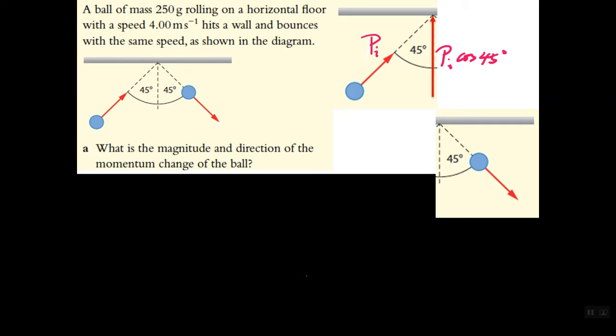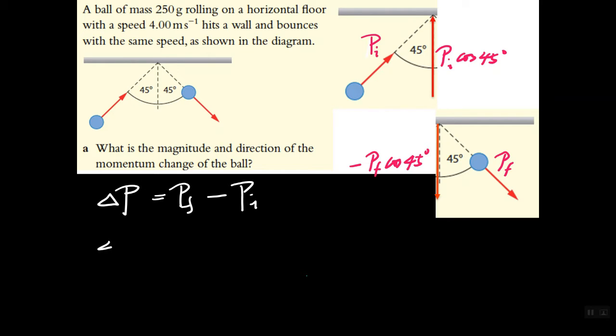After it is reflected, you can see that's P final. We look at the y component, also adjacent, but in the opposite direction. So that is going to be Pf cosine 45 degrees, but minus because the direction is opposite, as momentum is a vector quantity. Change in momentum equals final momentum minus initial momentum.